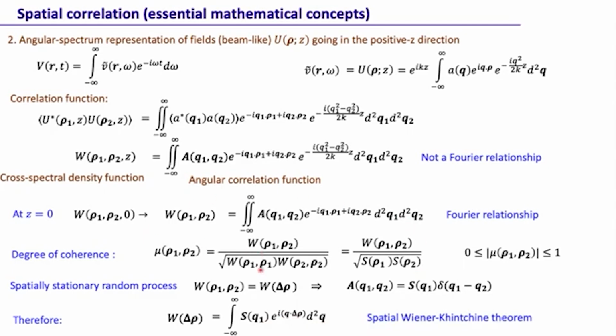The previous one is the generalized Wiener-Khinchin theorem, and this is the Wiener-Khinchin theorem. This is a Fourier transform relationship which connects the cross-spectral density function and this spectral density function. And we will use this in similar manner as we used the temporal Wiener-Khinchin theorem.